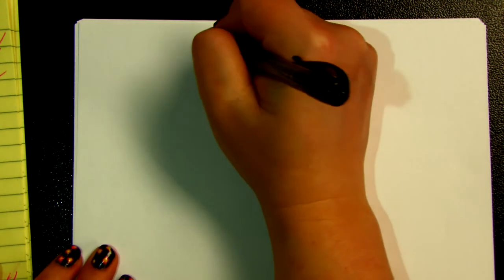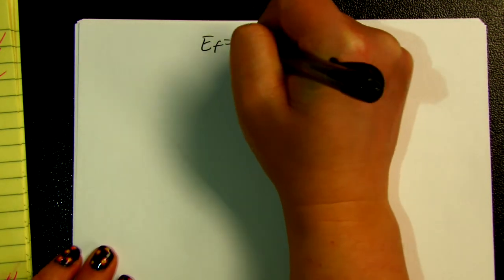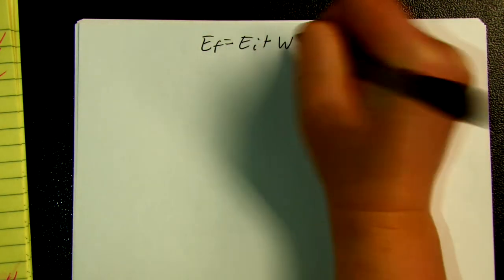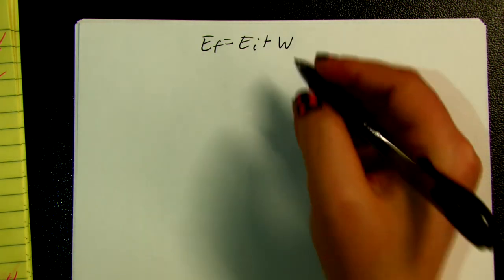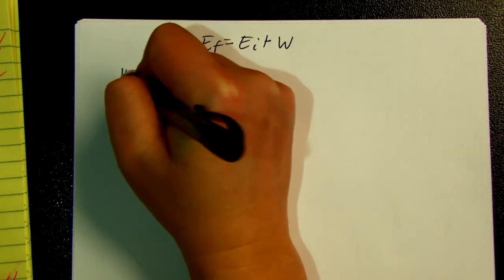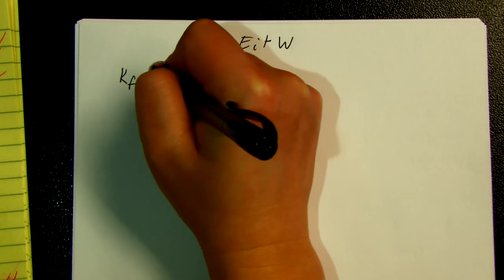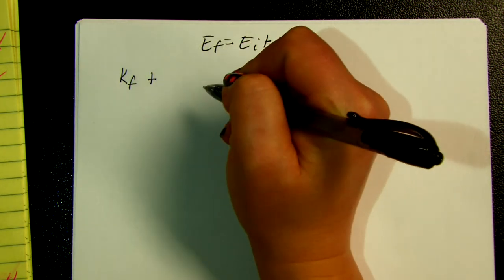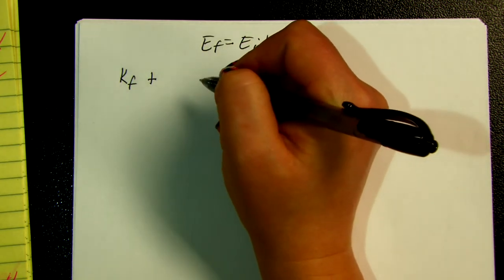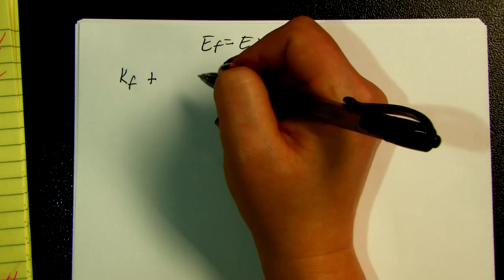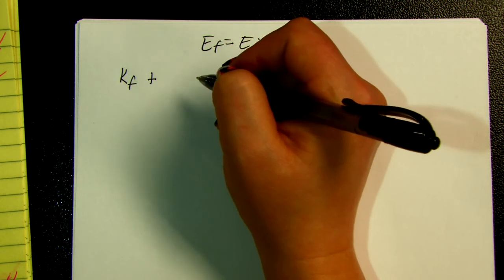So energy final is equal to energy initial plus any work done. All right, so let's flesh this out further. We're going to need the kinetic energy final. Now, we've got three objects in our system. We've got the spring, the earth, and the mass.